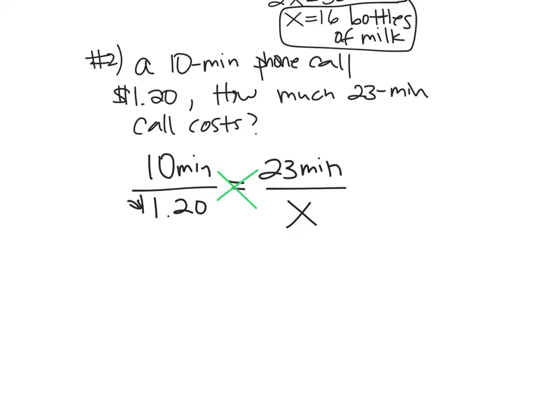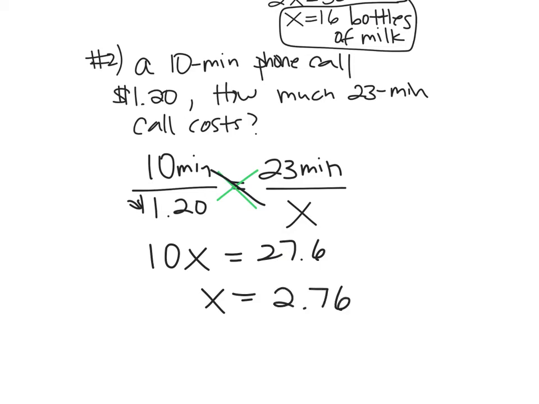So 10 times x is 10x. 23 times $1.20, you might want to get your calculator out, is 27.6. And then divide by 10. So it will cost you $2.76 to make that phone call. Are they worth it? I don't know.